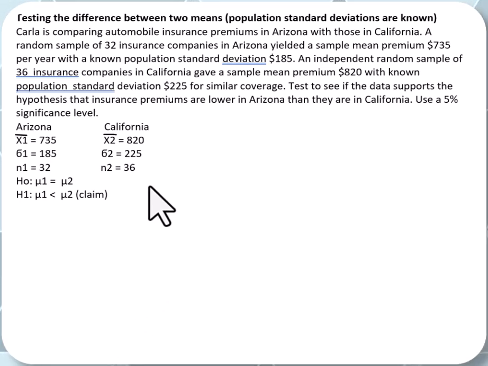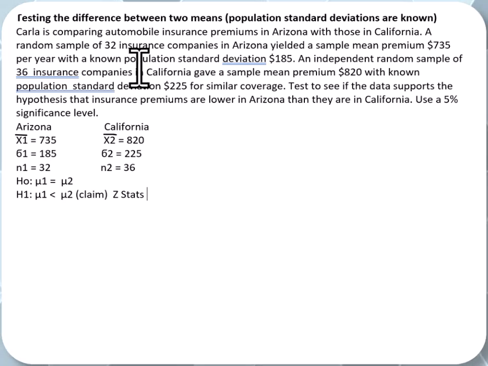So we're going to run what we call Z-stats using StatCrunch. We go to sample with summary. I don't have the actual data, so we select with summary. Most of the time you use T-stats, but when he gives you the population standard deviation, you must use the standard normal curve, the Z distribution.